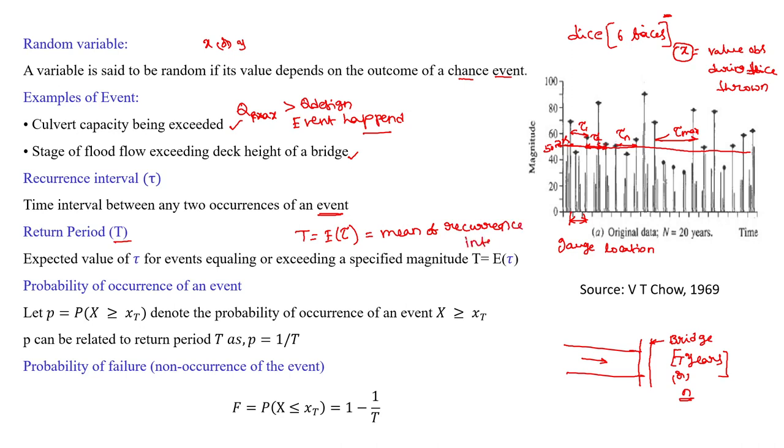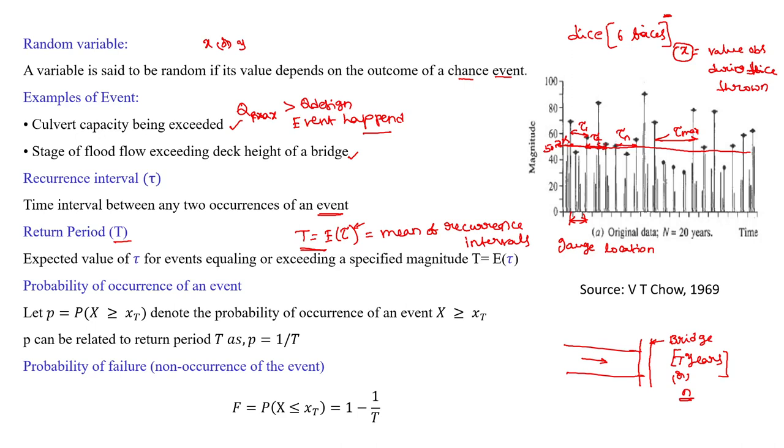Rather than looking at individual recurrence intervals, we take the mean recurrence interval and say that on an average, at least once, the stream flow value will exceed the design value.